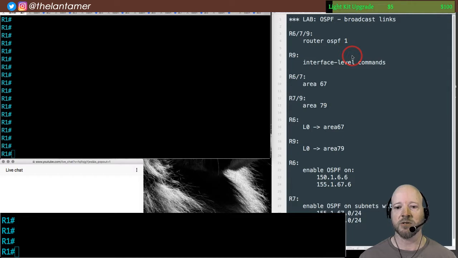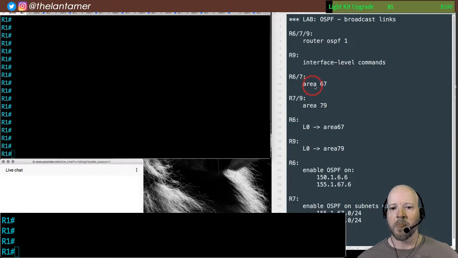Then we're going to have two different areas, so that's going to be fun because we're going to get to see not just LSA types 1 and 2, but at least LSA type 3s here, pretty sure. Router 6 and 7, and routers 7 and 9, are going to be in different areas.